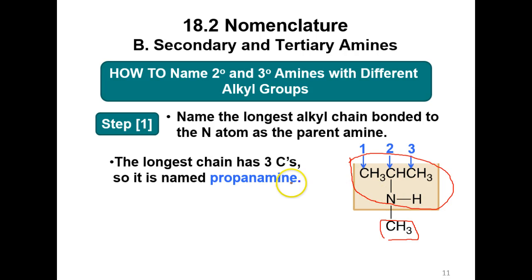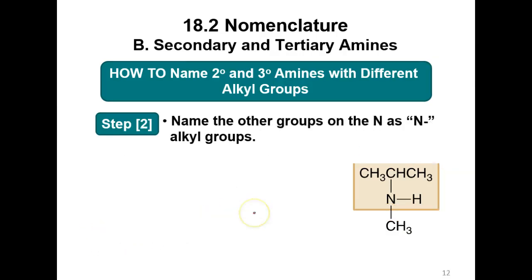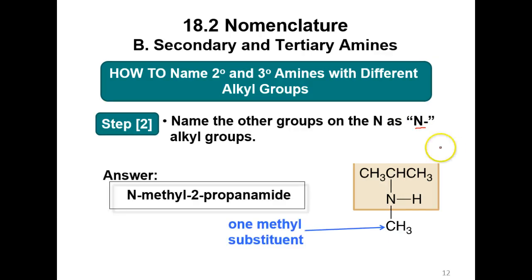So our longest chain is 3 carbons. It's a propanamine or propylamine. You can use either one, but you have to tell the reader it's 2 because the nitrogen's on the second carbon. But you need to tell the reader that the methyl group is also on the nitrogen. So you do that by putting an N on the outside of the name, and you call it N-methyl.